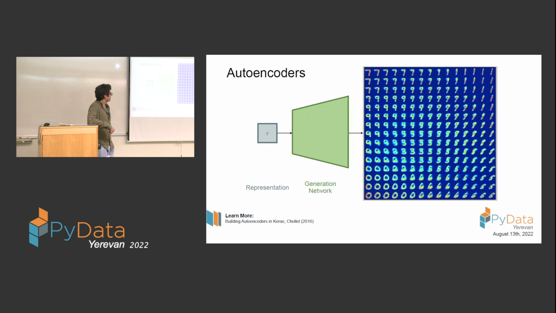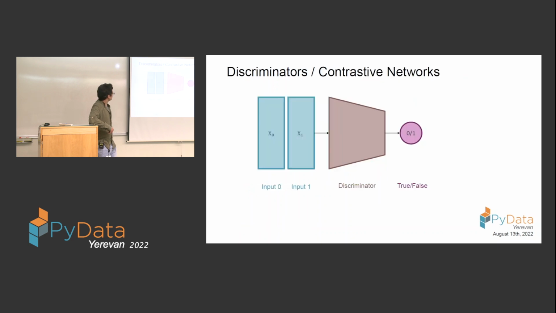Because the model can generate them for you by just changing the representation.